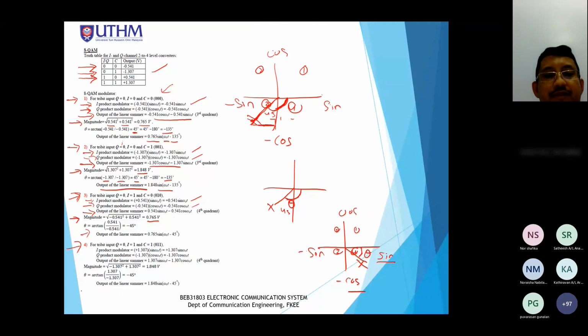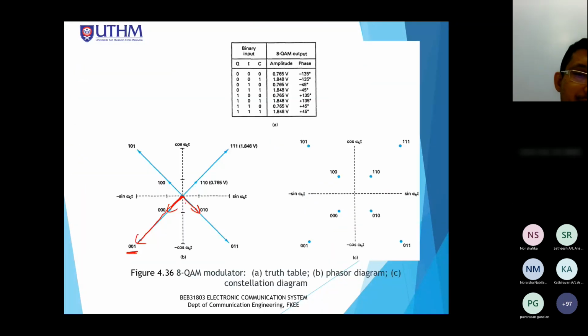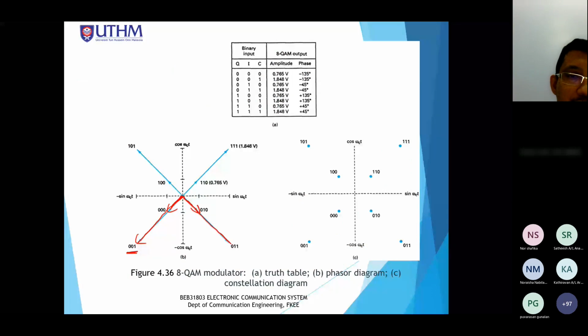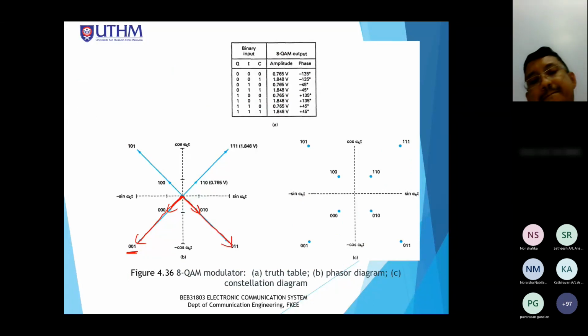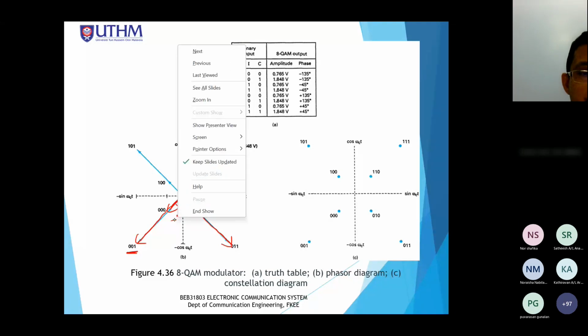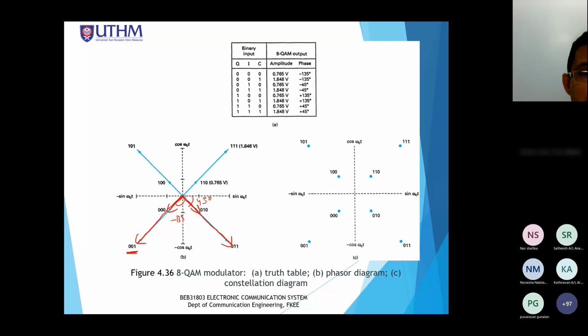And if we look at the phasor diagram for the fourth input, it is located over here. Okay, so this is actually 45 degrees. And this is negative 135 degrees.